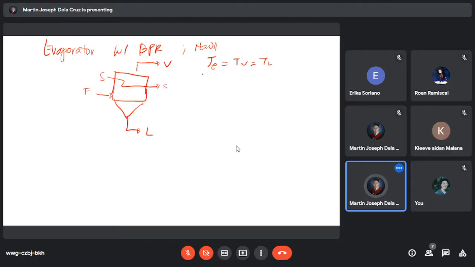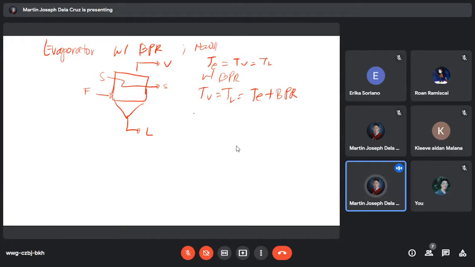But pag with boiling point rise class, your temperature of your vapor and temperature of your liquid is the sum of your temperature of your evaporator or condenser plus your boiling point rise. Okay? So, yun na class.